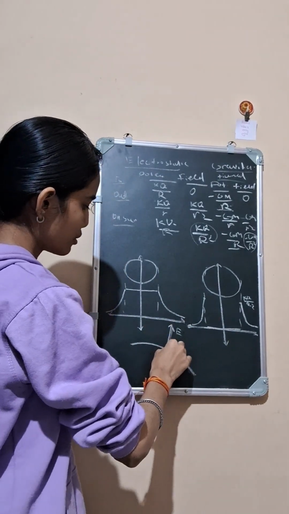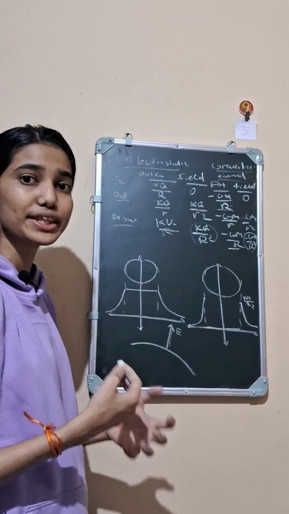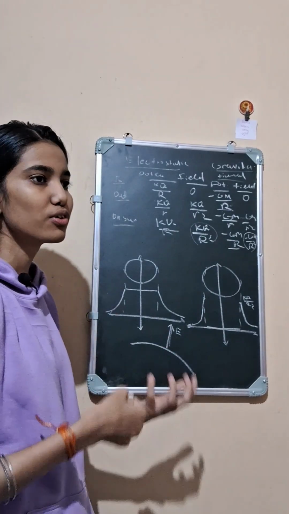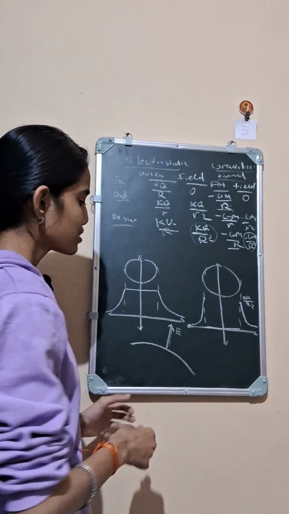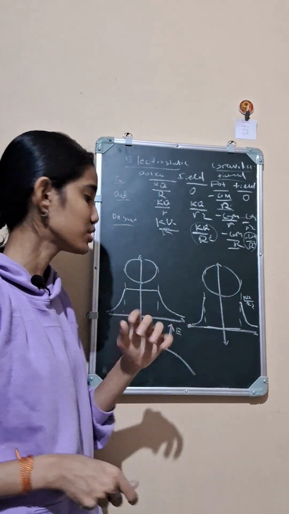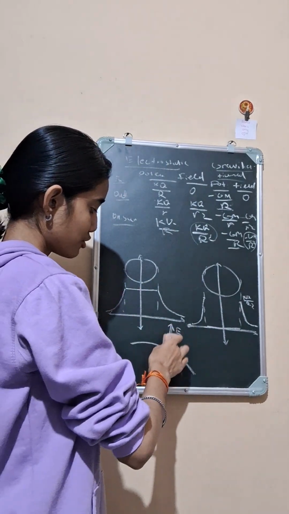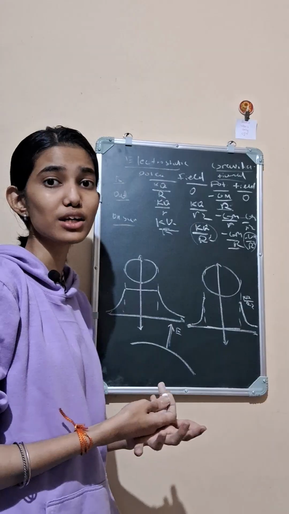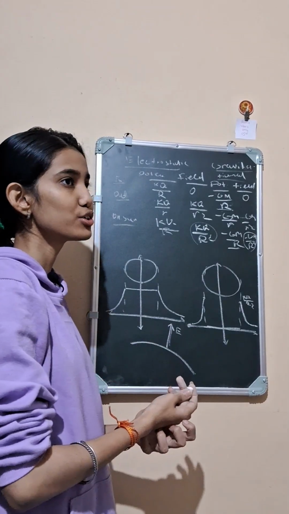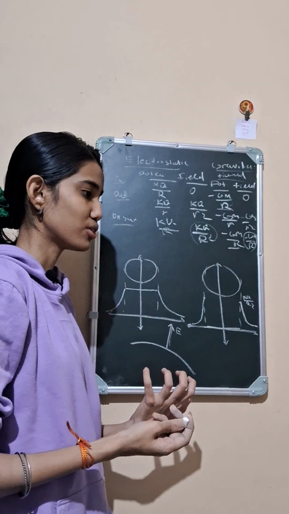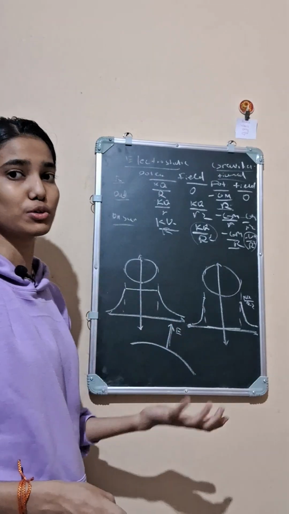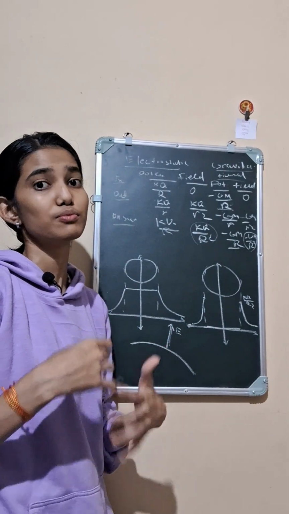So here the field is perpendicular to it, that's why there is 0 work done, and you can prove both things by just assuming that the other thing is true. If you assume that the field is perpendicular to the surface, you can prove that the work done will be 0 to displace it on the surface, and if you assume that the work done is 0 to displace it on the surface, you can show that the field is always perpendicular to the equipotential surface.